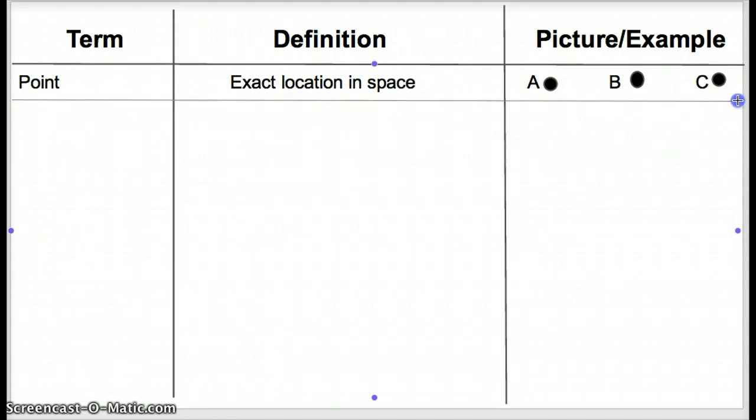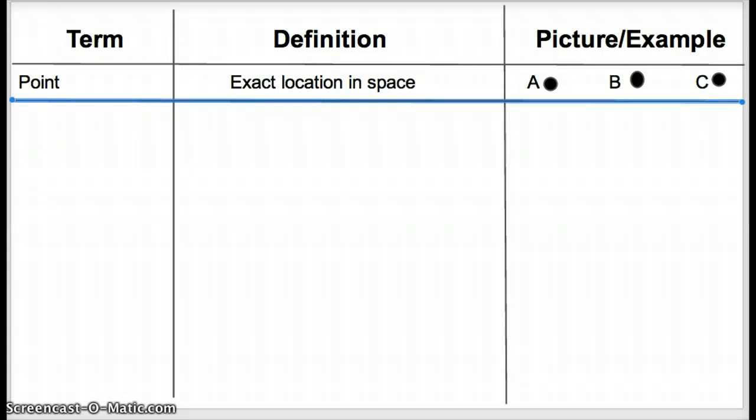Draw a line underneath each term after you have completed each term. I would wait until after you've completed it, because you don't know exactly how much space you're going to need. So make sure you get that first one done.